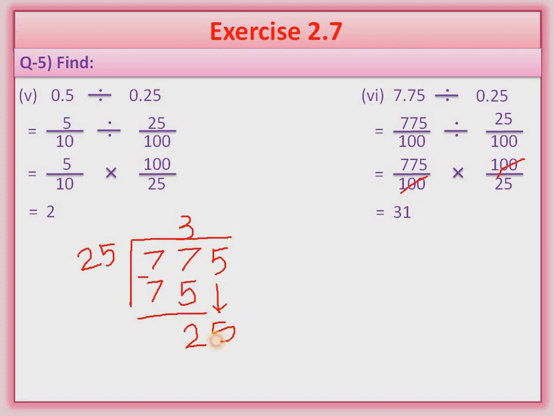So here, 25 1 is 25. Clear what I am telling you, beta? So here 25 minus 25 is equal to 0. Understood? So what is the answer, beta? The answer is 31 only.